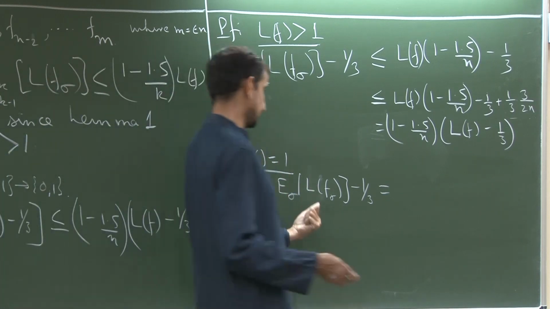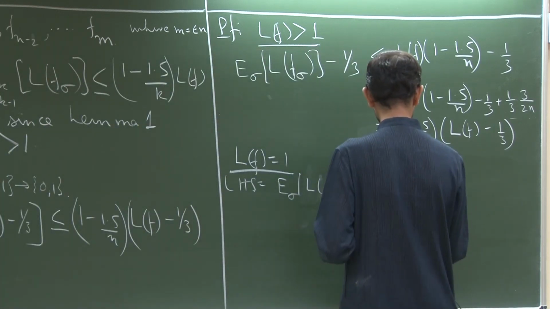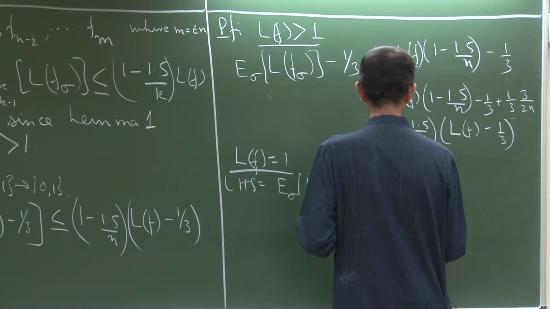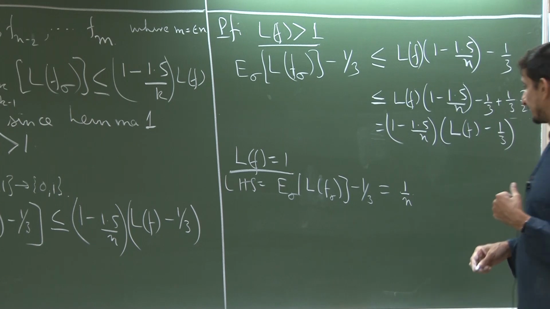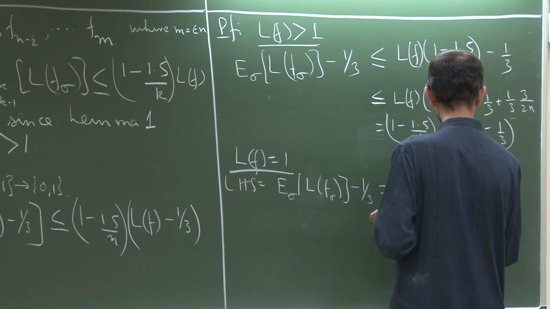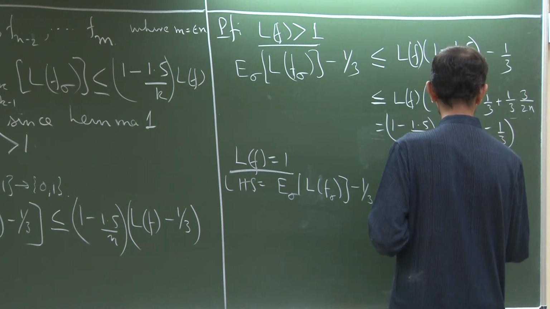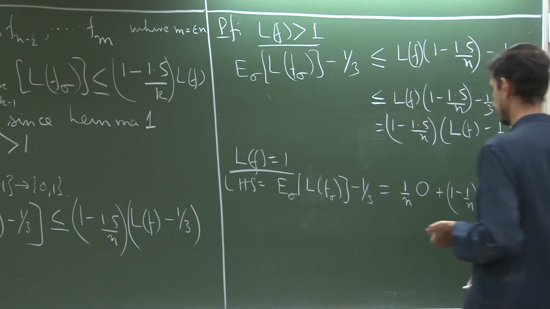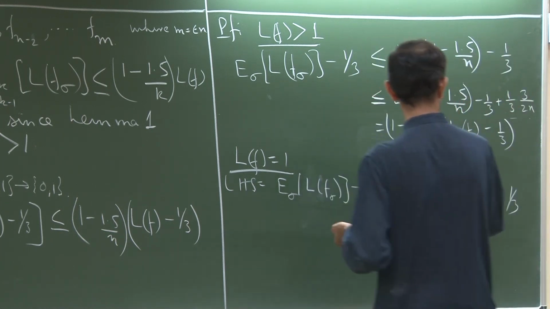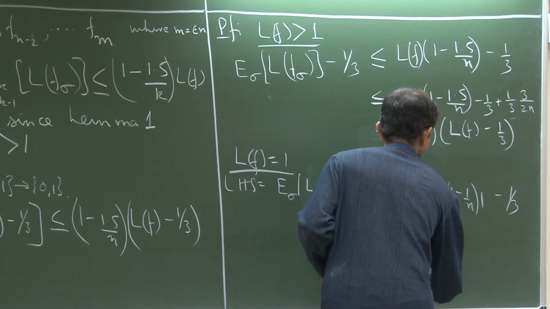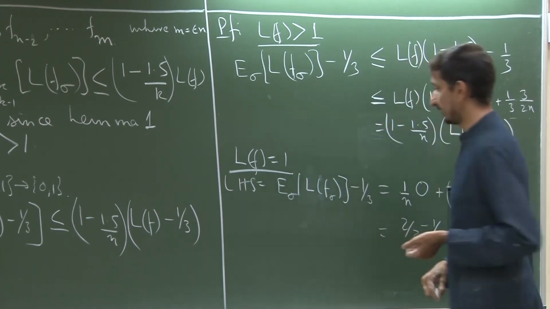So, if I pick that particular variable, the size becomes 0, and for all the other variables, with probability 1 minus 1 over n, the size remains 1, minus 1/3. So, this is 1 minus 1 over n minus 1/3, which is 2/3 minus 1 over n, right.